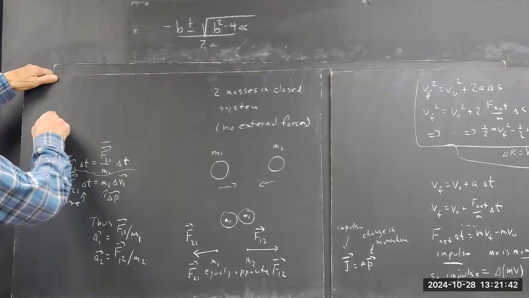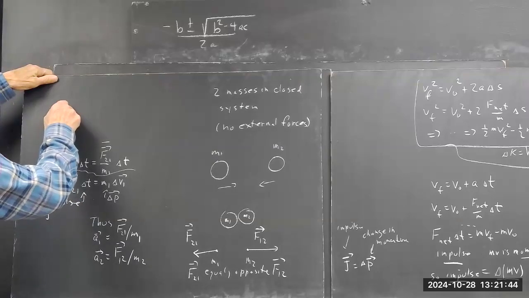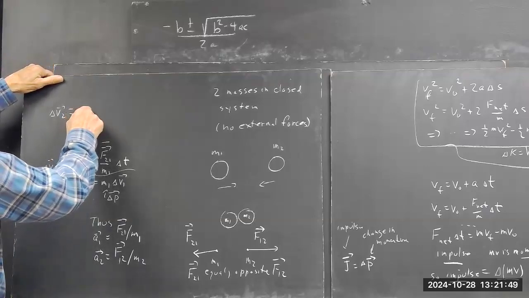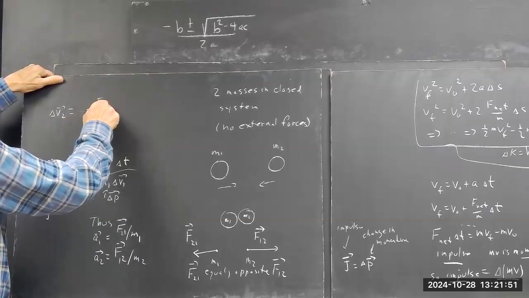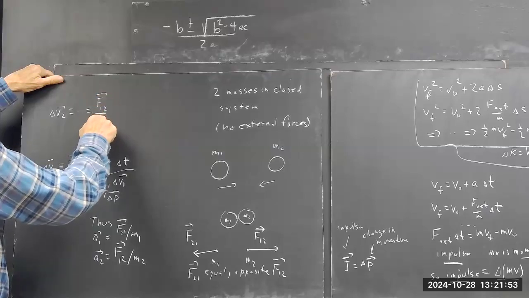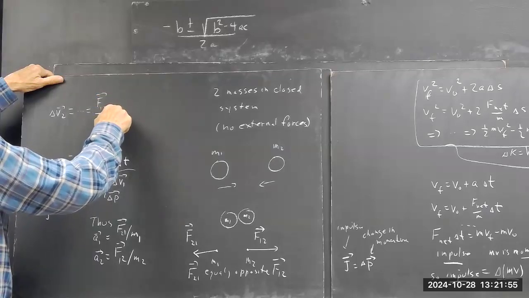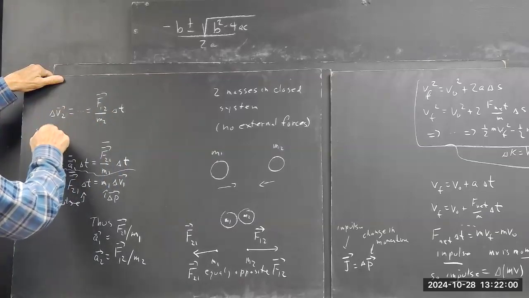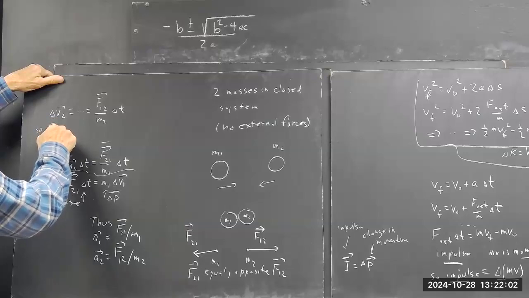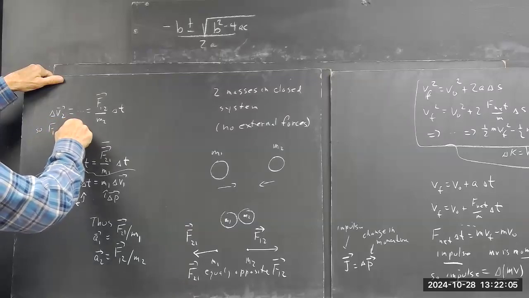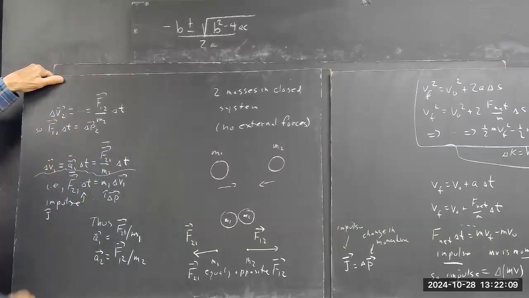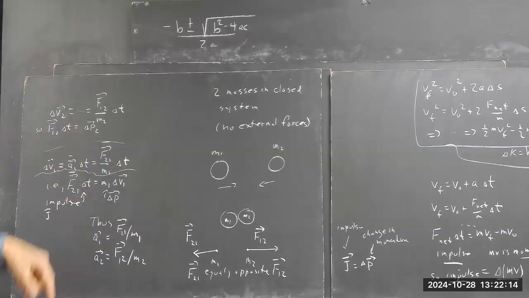Now, delta V2 equals F12 over M2 delta T. So F12 delta T equals delta P2, right?